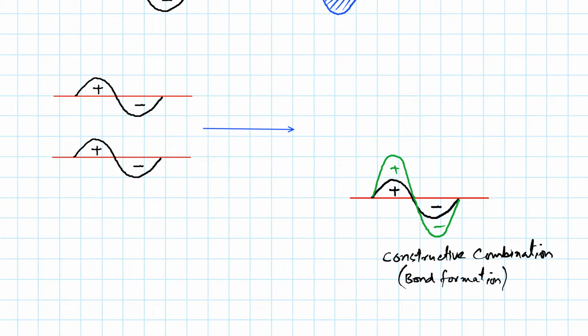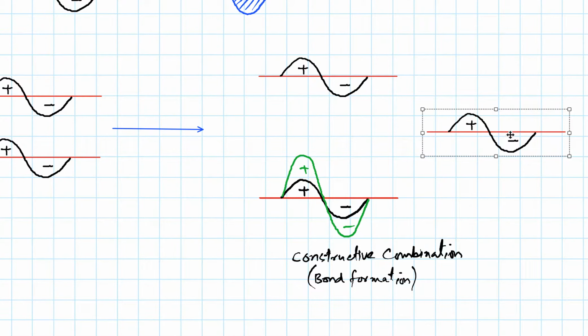The other way is that these waves come near to each other with opposite phases. Let's see what the result will be. We have one wave and we have the second one.